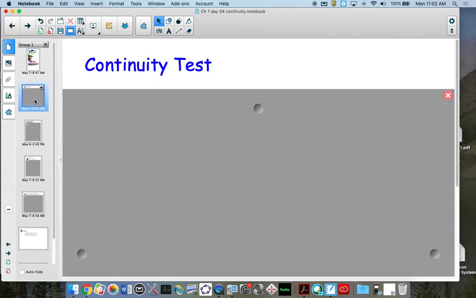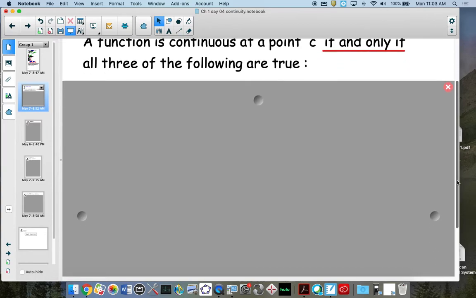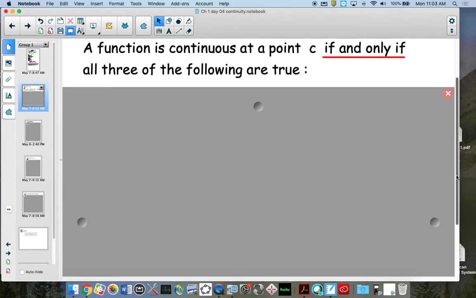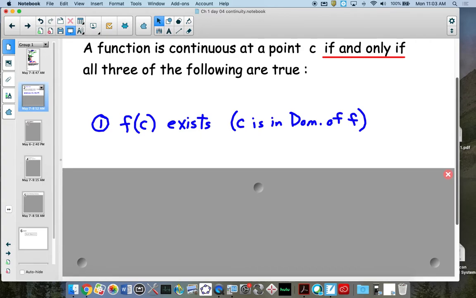Okay, so we have a continuity test. And now you have to be careful. Here we're talking about a function being continuous at a point. So a function is continuous at a point c if and only if all three of the following have to be true. So I'll show a counterexample for each one as we go through it. So first, f of c has to exist.